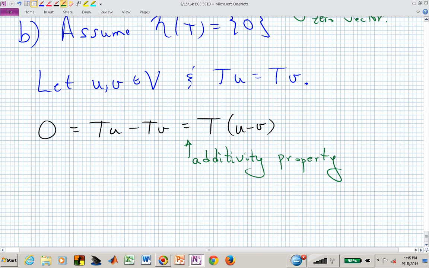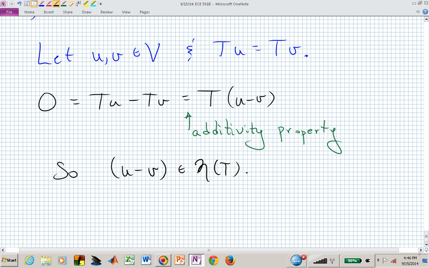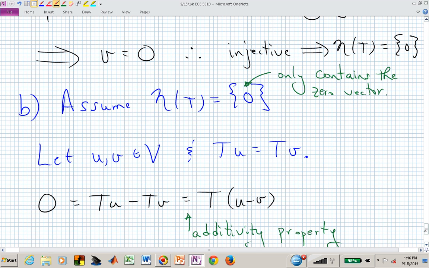Well, now we know that T of some element gives us 0. That means this element in the domain must be in the null space of T. So U minus V is in the null space of T. But we assumed to begin with that the null space of T was the 0 vector.